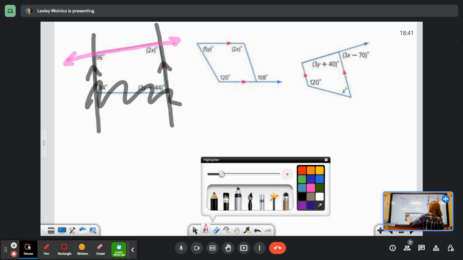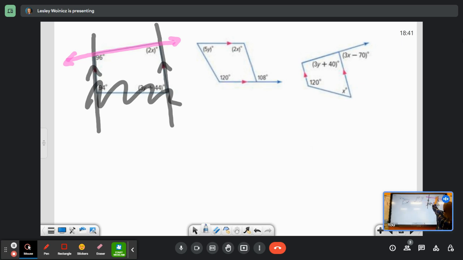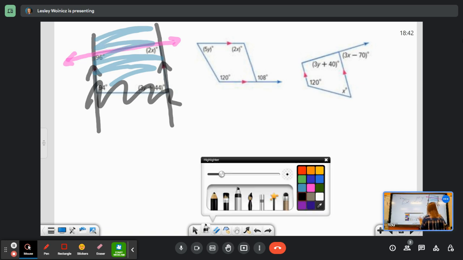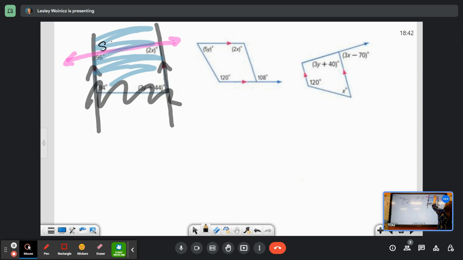So the interiors, this is the interior. You can see that the 96 degrees and the 2x degrees are on the same side of the transversal in the interior. So they are same side interior angles, which are supplementary.